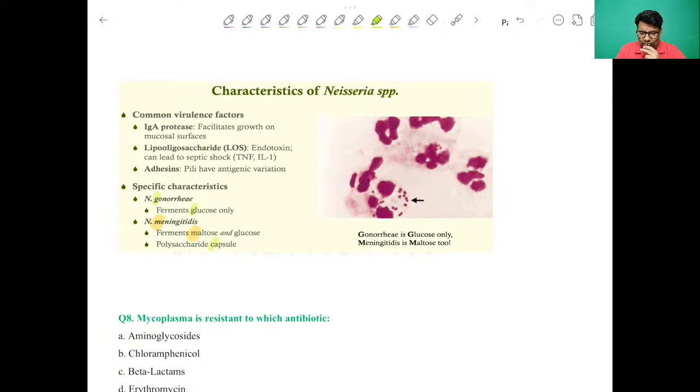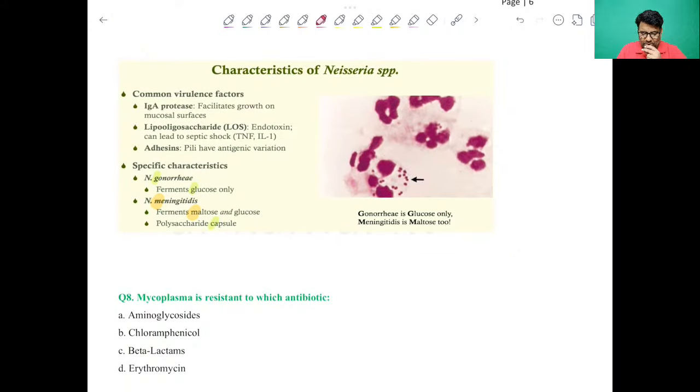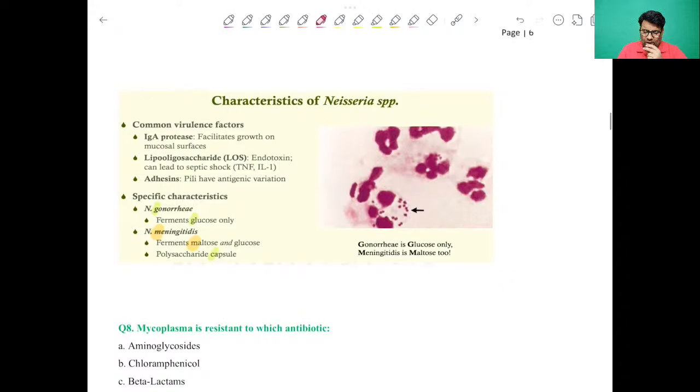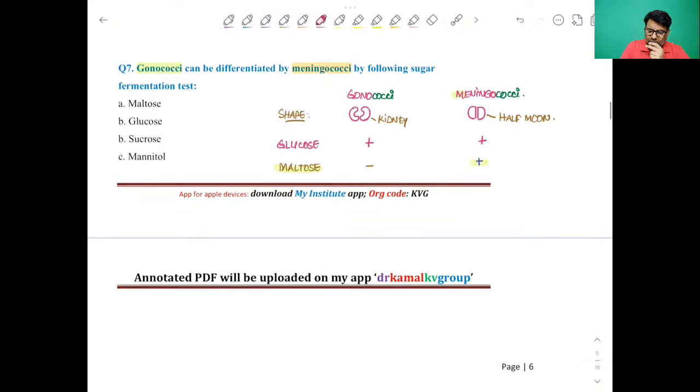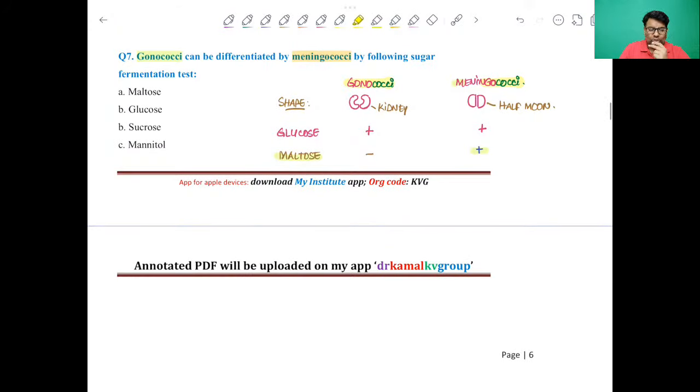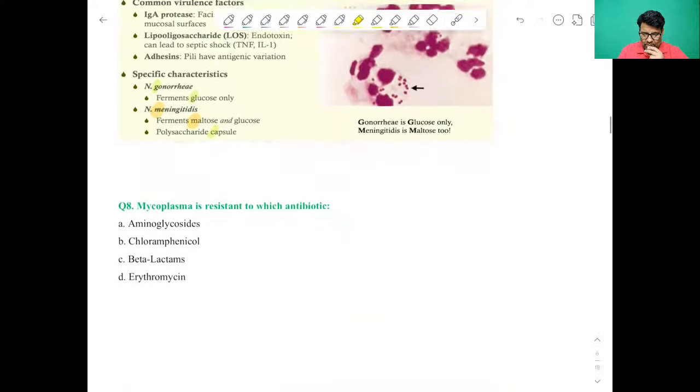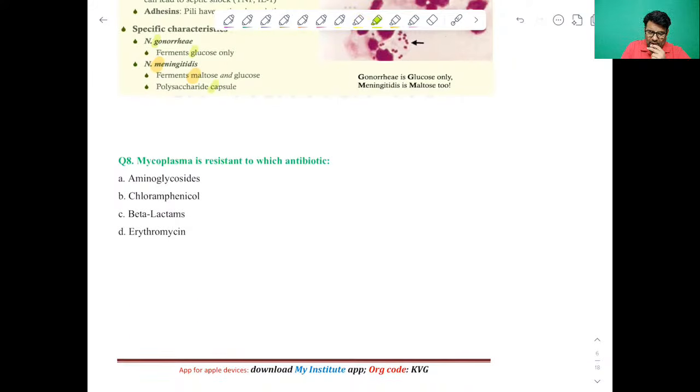So capsule is also a way of differentiating, and both of these are diplococci, gram-negative diplococci, always seen in pairs. Clear? So this is how we differentiate Neisseria gonorrhoeae, that is gonococcus, and Neisseria meningitidis, that is meningococcus. So maltose for meningococci.